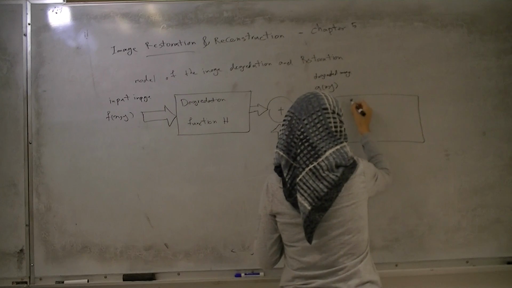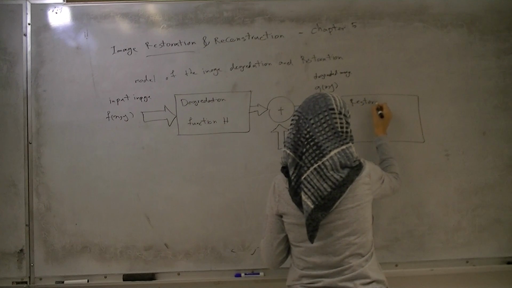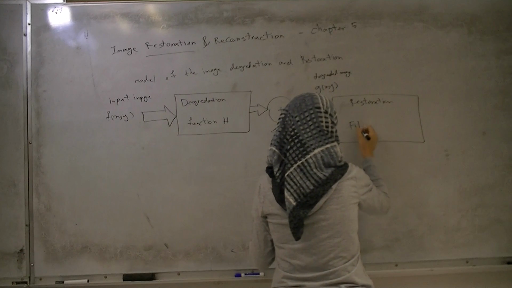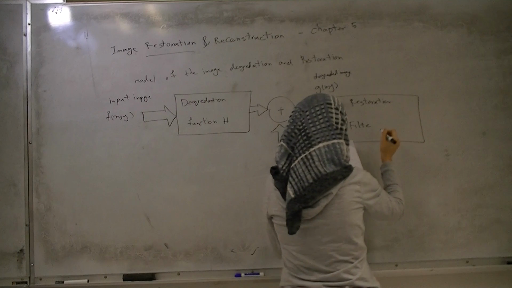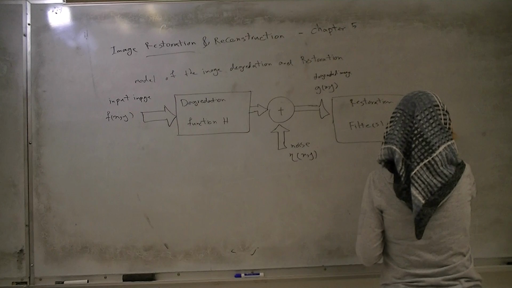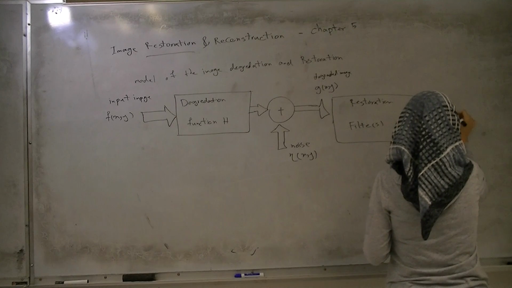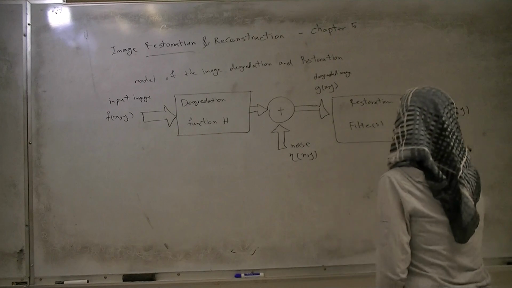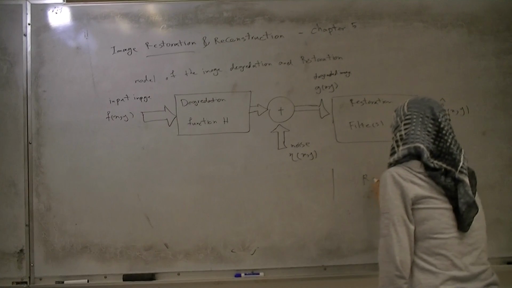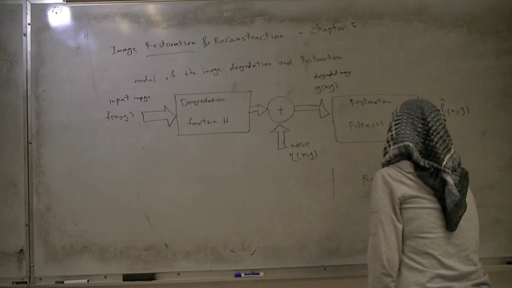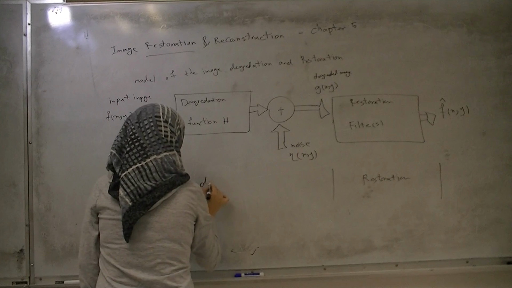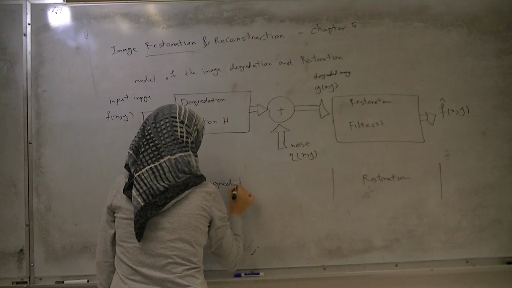And then we have the restoration filters here, and the result will be f hat(x,y). So this part we call restoration, and this part is the degradation.